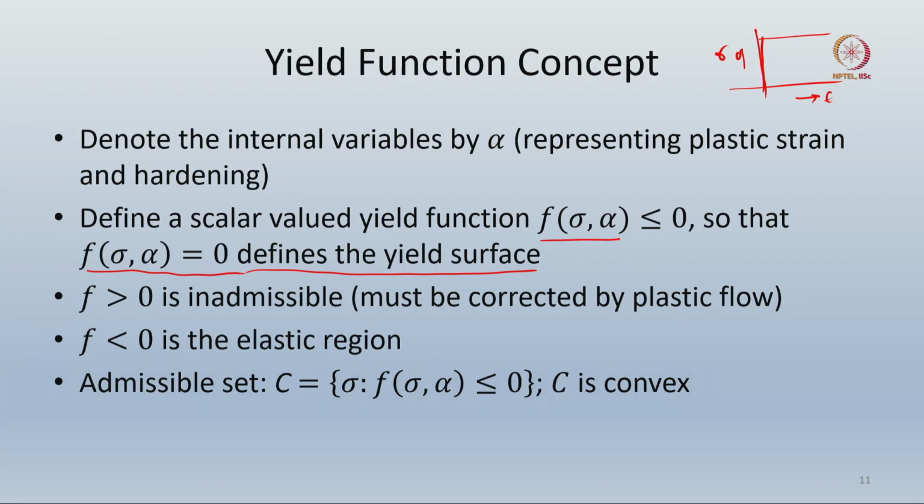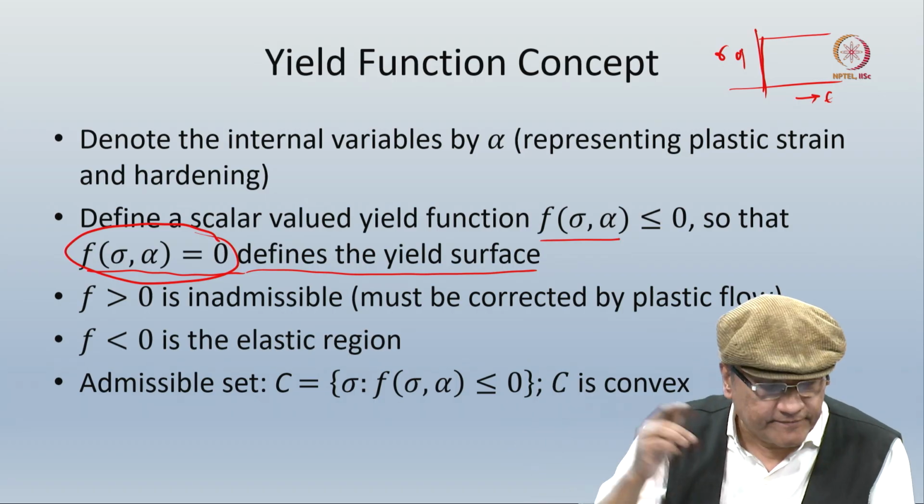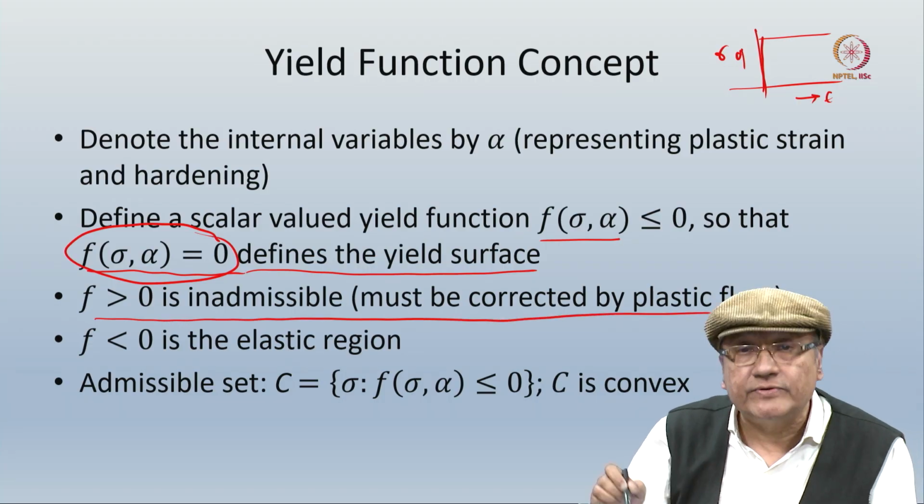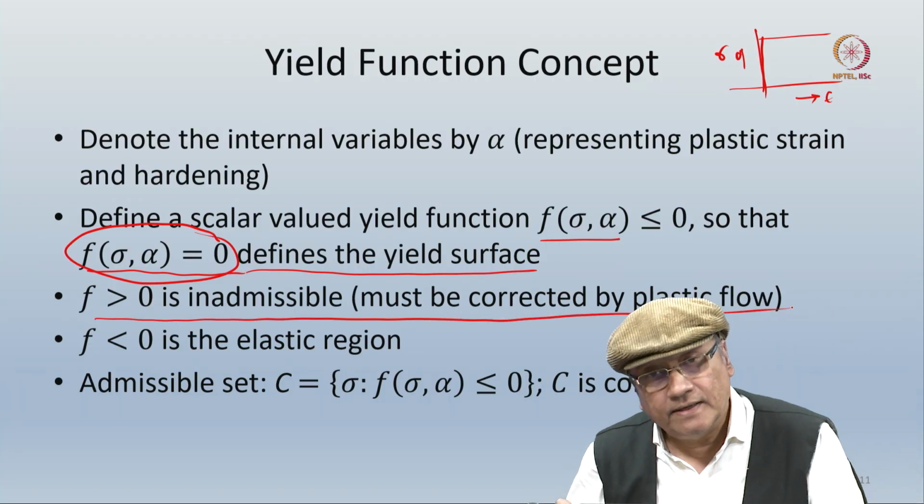But this is a necessary condition for plastic flow to occur. At least if plastic flow is occurring, then f has to be equal to 0. You cannot say, therefore, that plastic flow is occurring because f equals 0; f equal to 0 does not necessarily mean that there is a plastic flow.